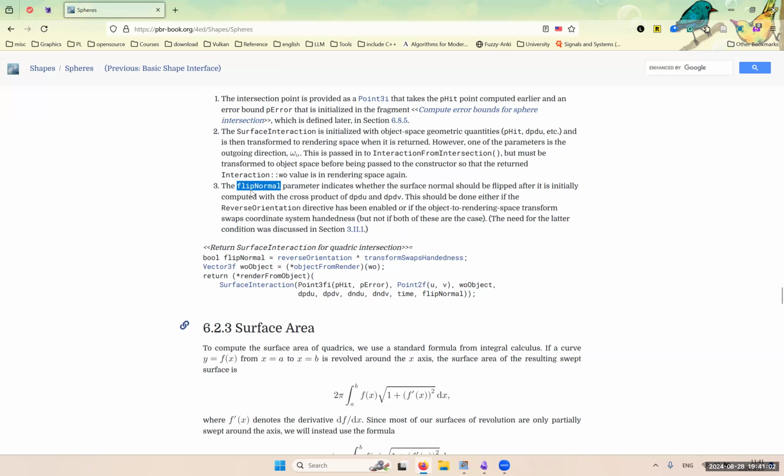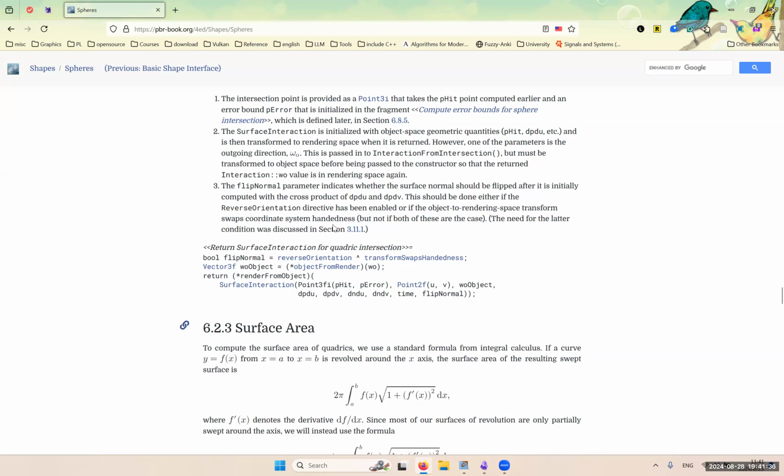Flip normal. Then the reverse orientation is enabled, or if the transform swaps coordinate system handedness.